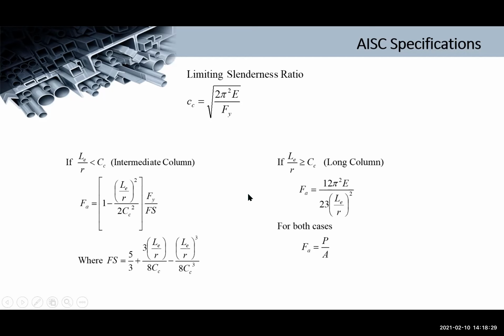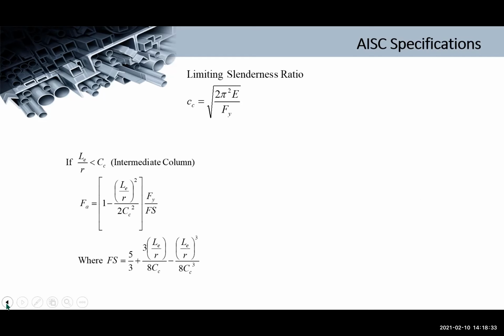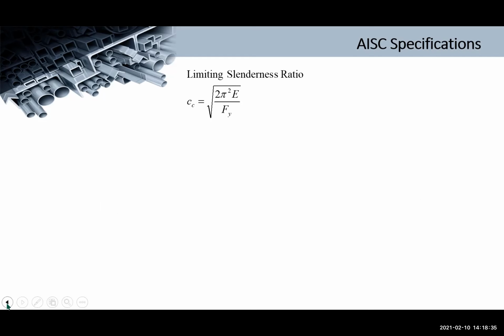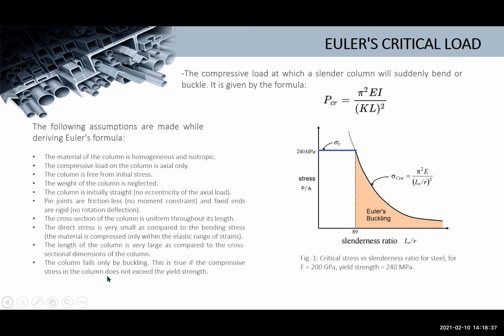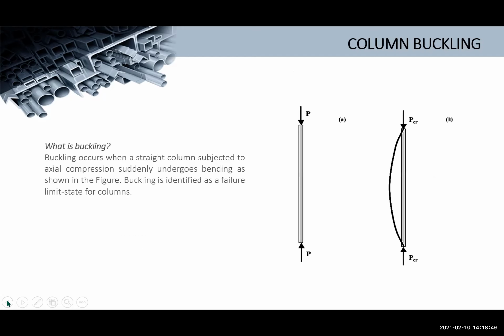Now, to get your Le, we multiply L by what we call the buckling factor. We go back to the first part. I already mentioned buckling here. Again, the only failure we consider here is buckling. So, what is buckling?